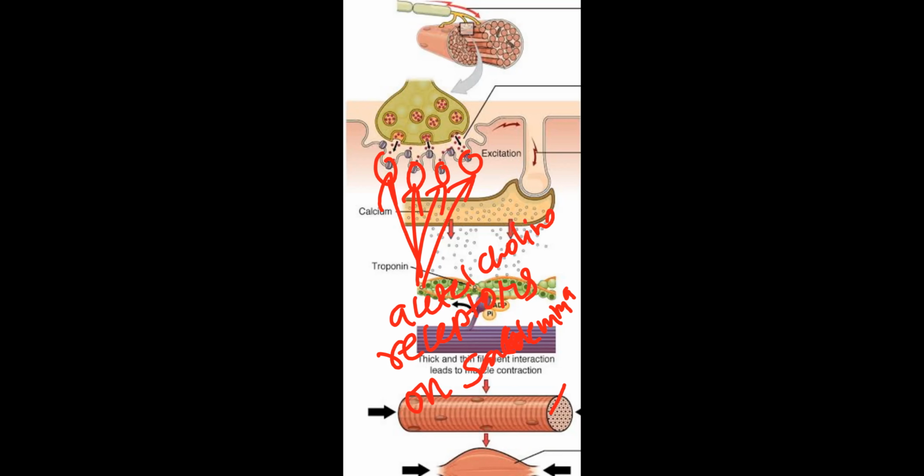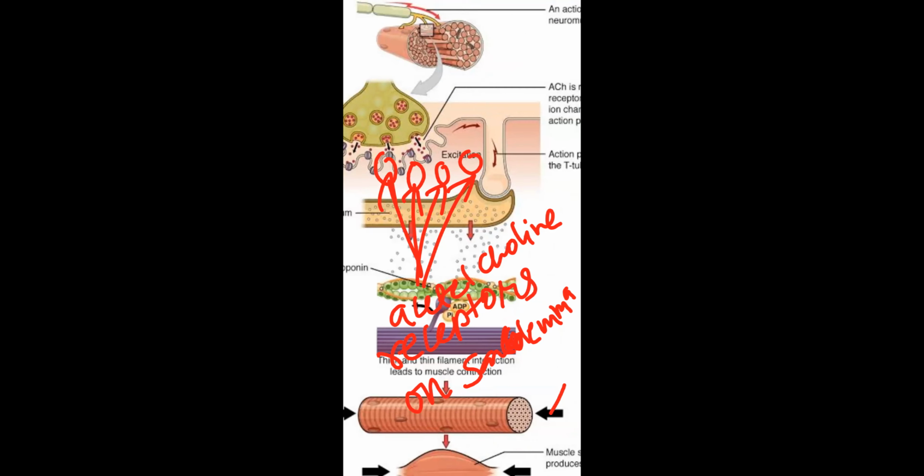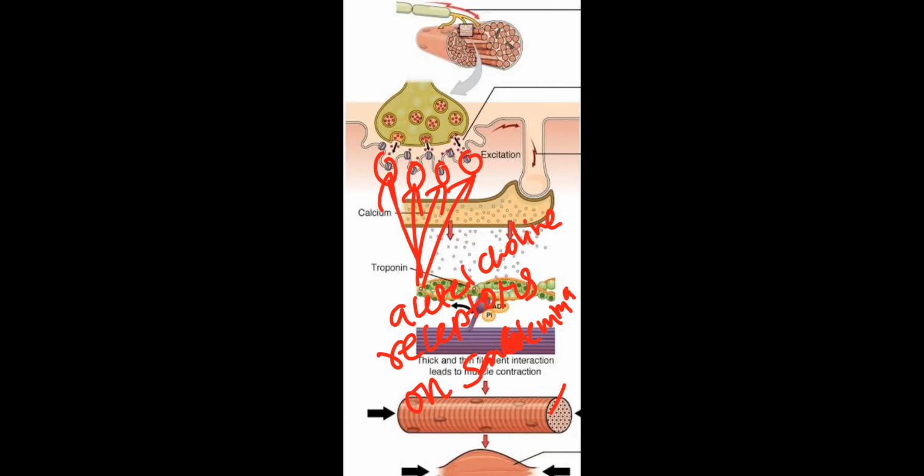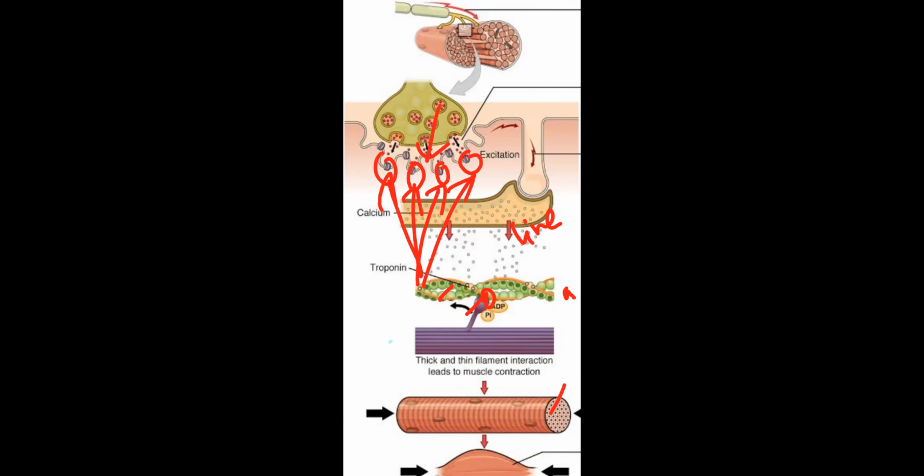So antibodies come and damage these structures, acetylcholine receptors on sarcolemma. So whenever stimulus comes and acetylcholine is released, it is not able to bind to these receptors because receptors are already damaged by the antibodies. So the acetylcholine is not able to stimulate the muscle for contraction.